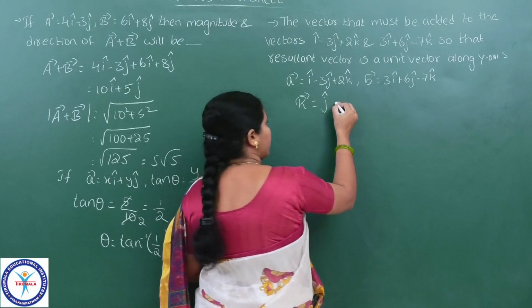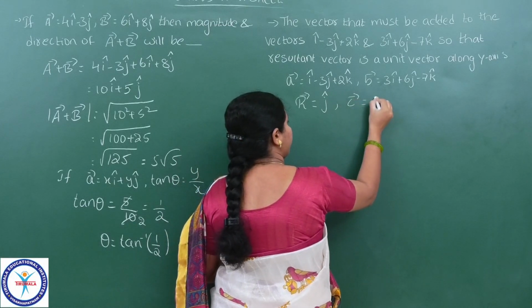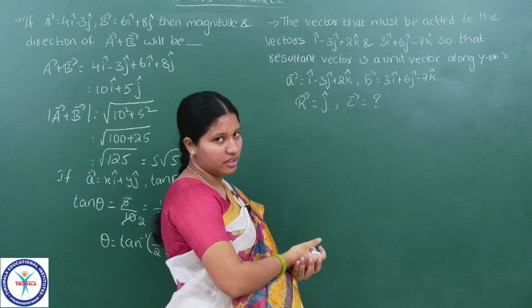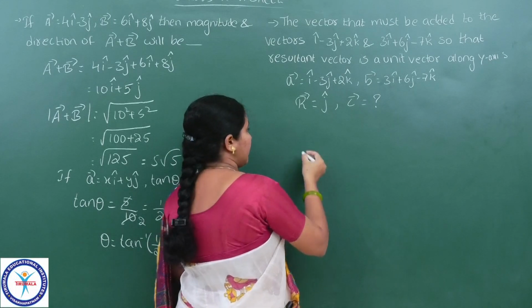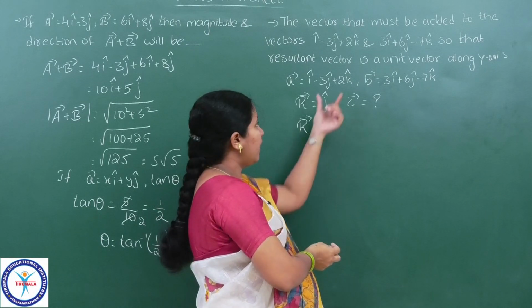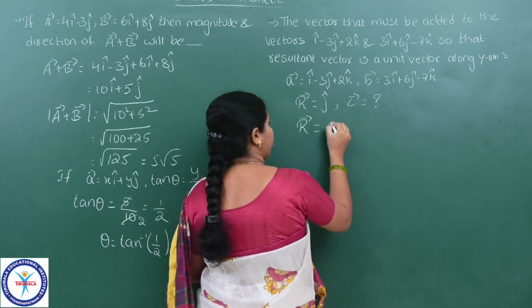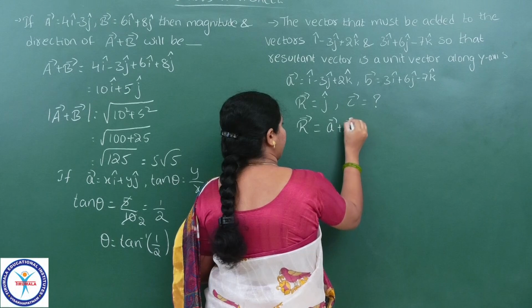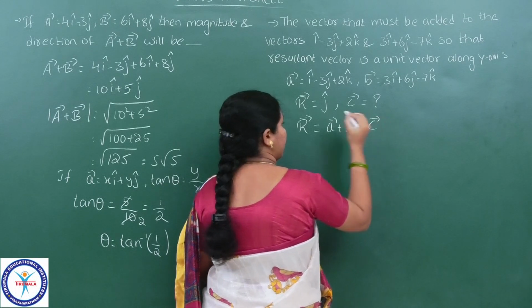Now we need to find what vector must be added to these two vectors. So let the vector be c bar. We need to find c bar. We can write the resultant r bar equal to A bar plus B bar plus c bar.